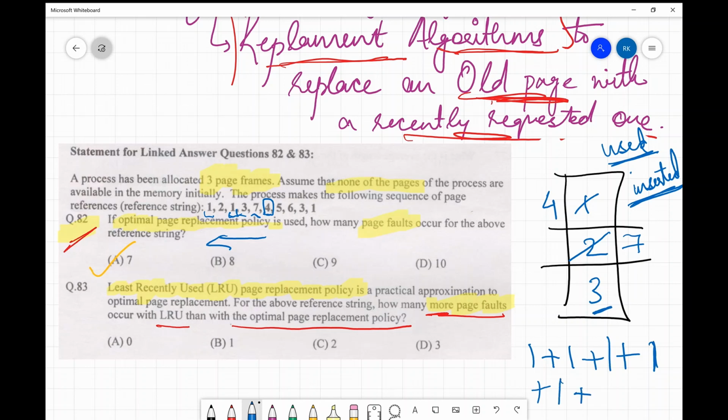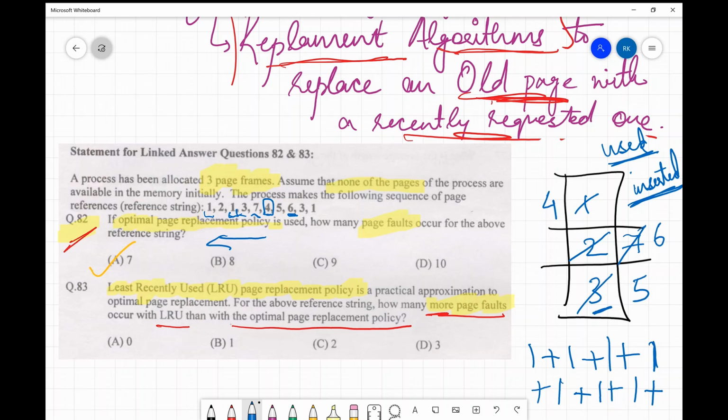Now for 5, 4 and 7 have been just used, so we are going to replace 3 by 5 and add the page fault. Again, with 6, 4 and 5 just used, we are going to replace 7 with 6, and add the page fault count.